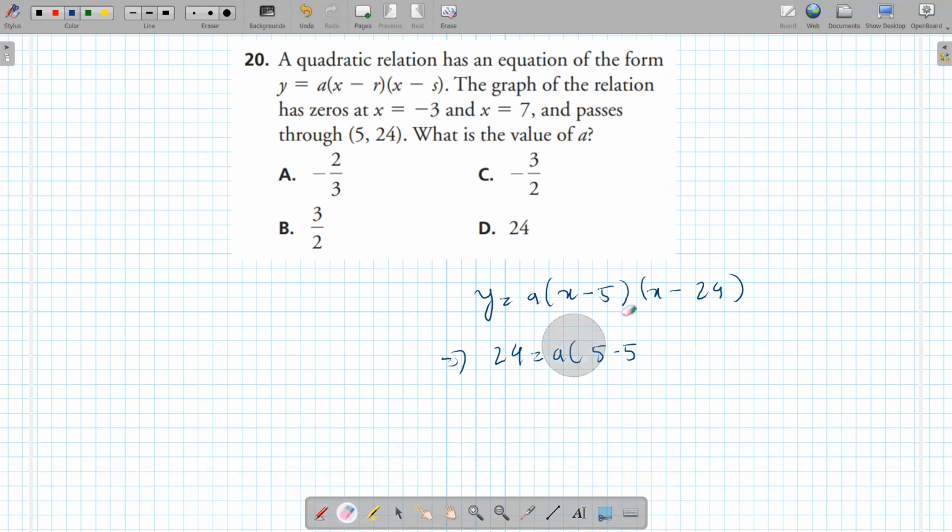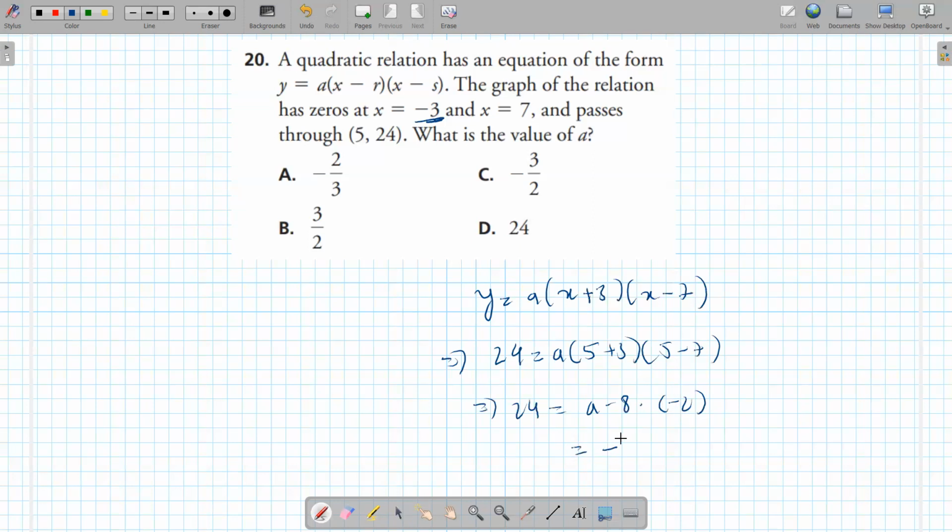I messed this up, didn't I? Yeah, I did. So these are our x-intercepts. If we plug this in, this becomes x plus 3 and x minus 7. Next, we're going to plug x as 5. And what is this going to become? This is 8 times -2 equals 24. This is -16a equals 24.